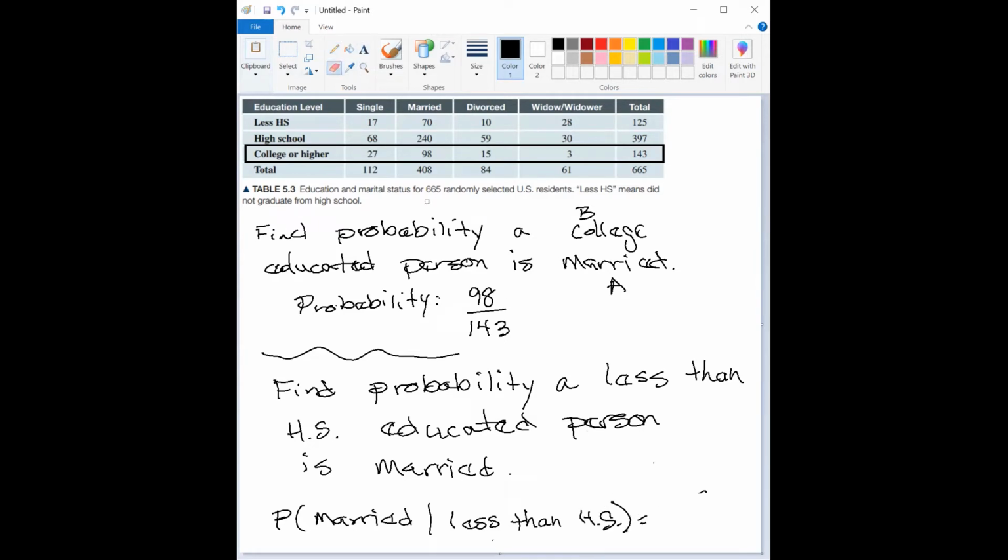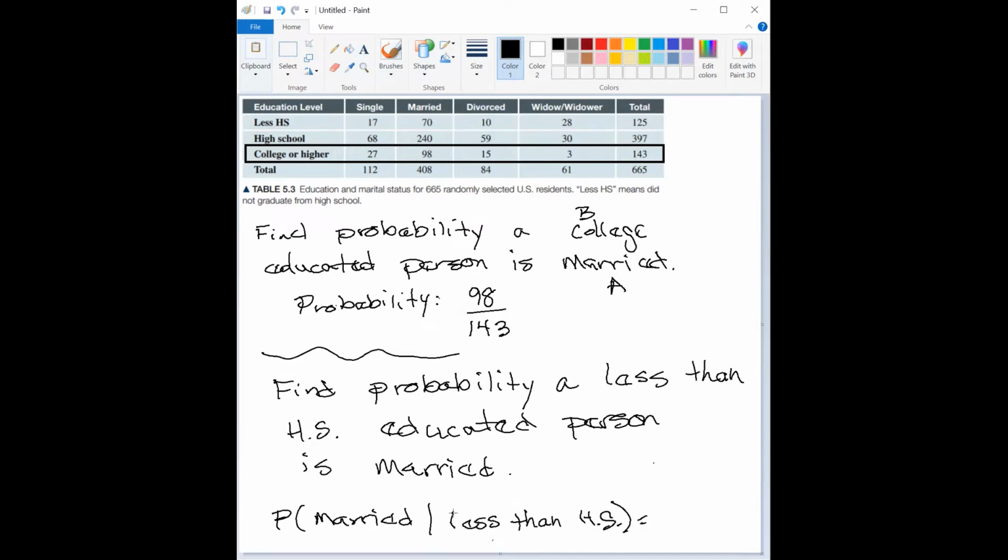I'm going to do it the same way that I did it the first time, because I think that's easier than using that complicated formula. So what we're going to do is restrict the part of the table to less than high school. The condition here is that we want to find the probability that someone's married, given that they've got less than high school.